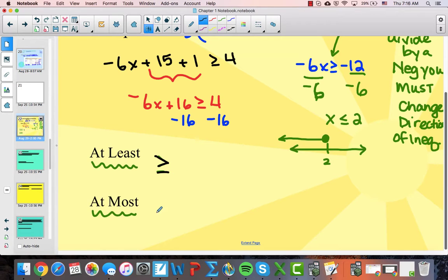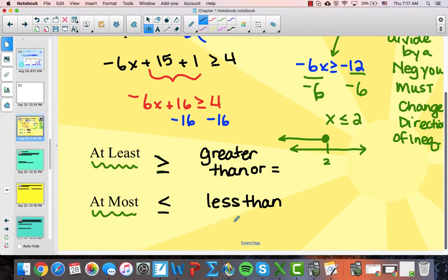At most means I want it to be no bigger, so that means less than or equal to. So at least is greater than or equal to, and at most is less than or equal to.